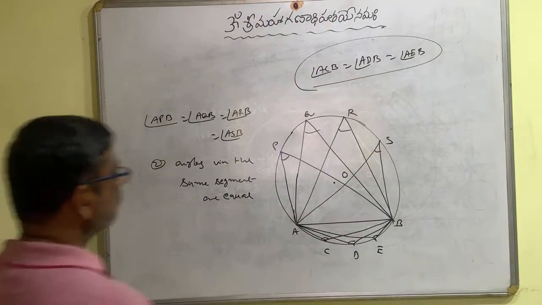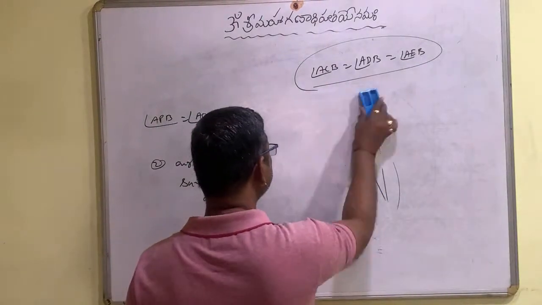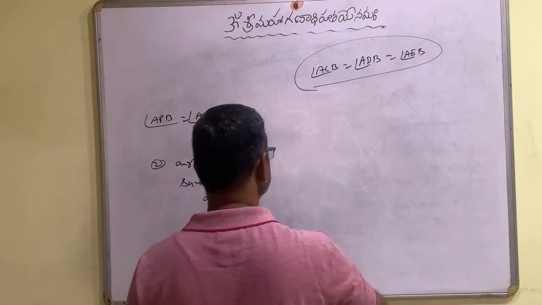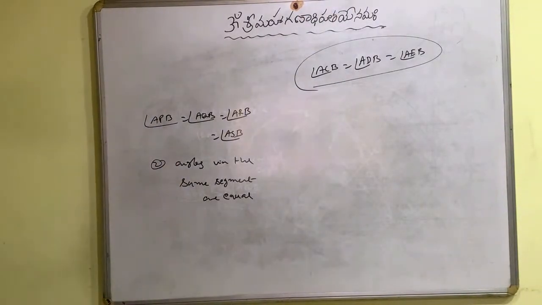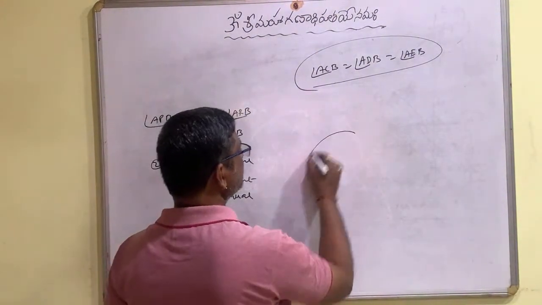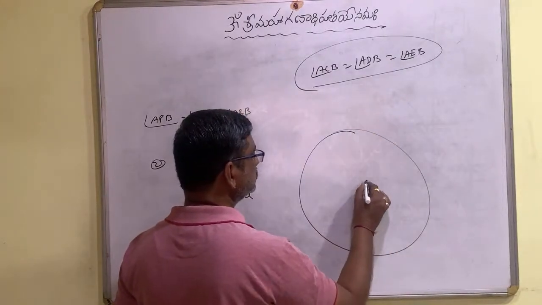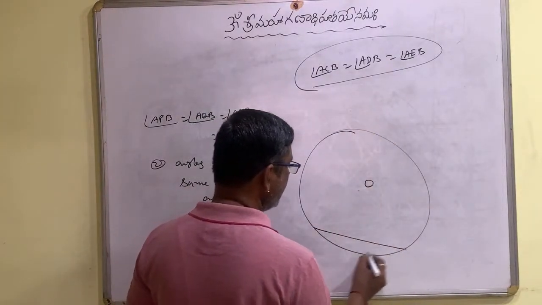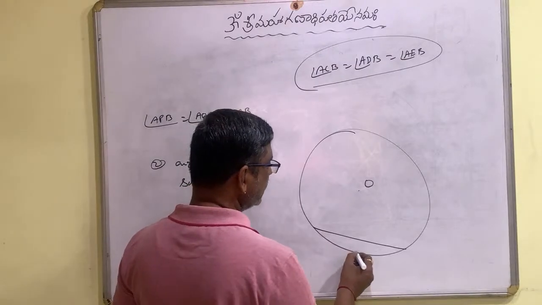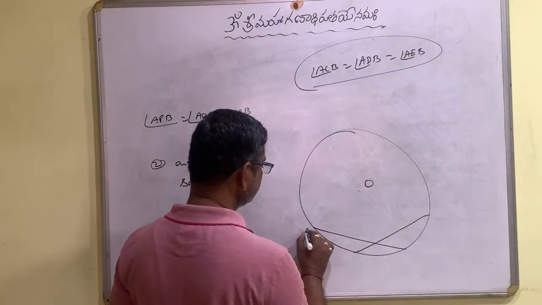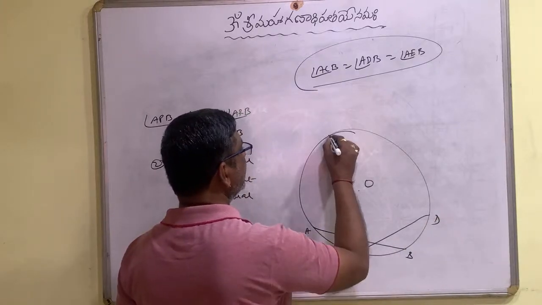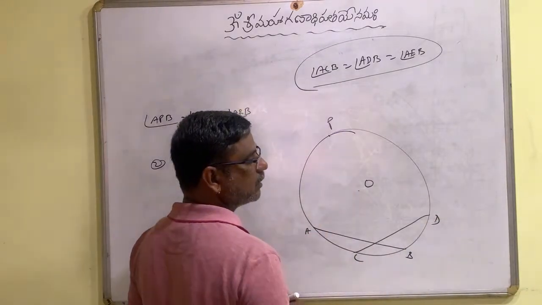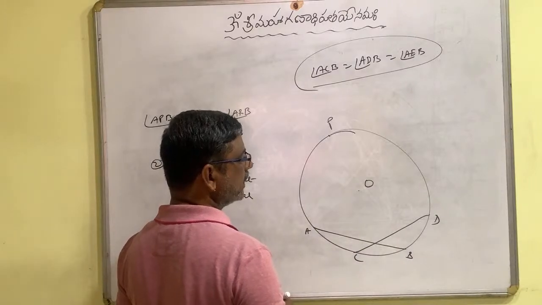Now, one question for you. There is a circle with center O. There is a chord AB, another chord CD, and there is a point P on the circle.